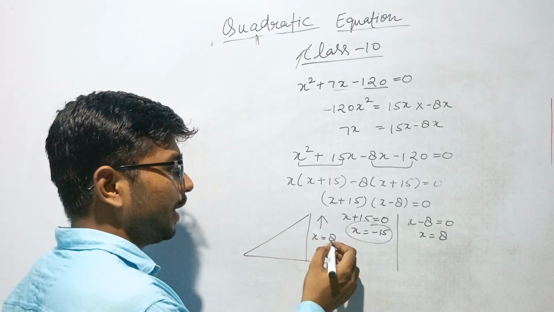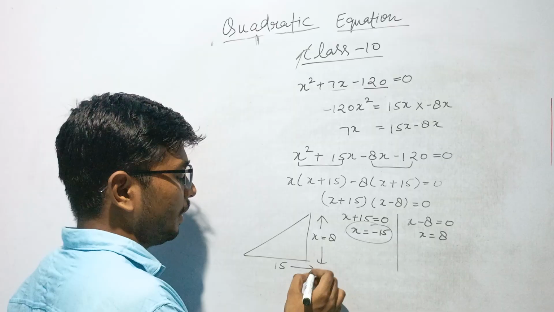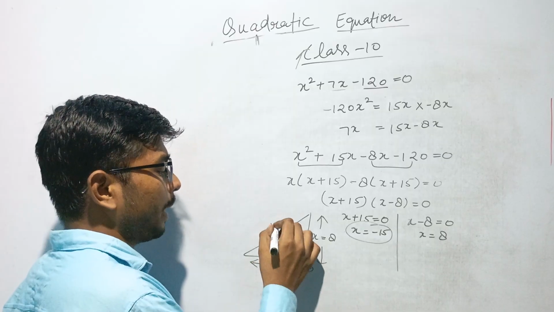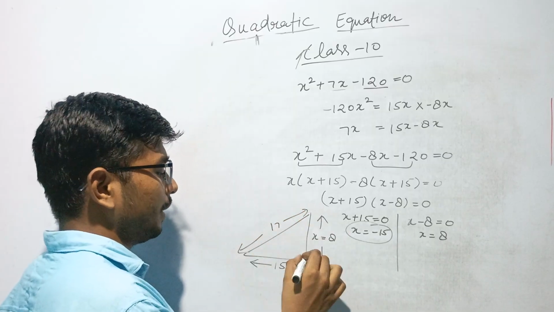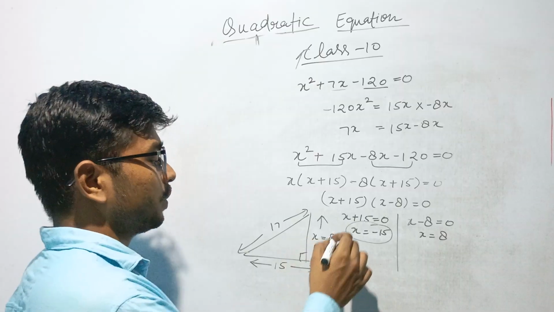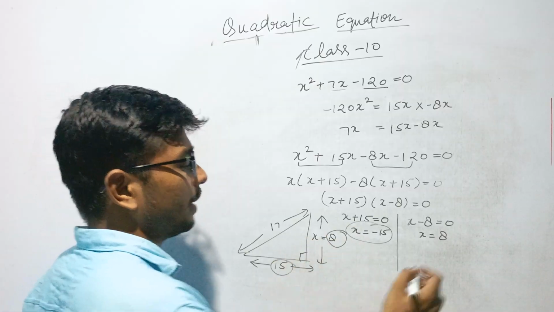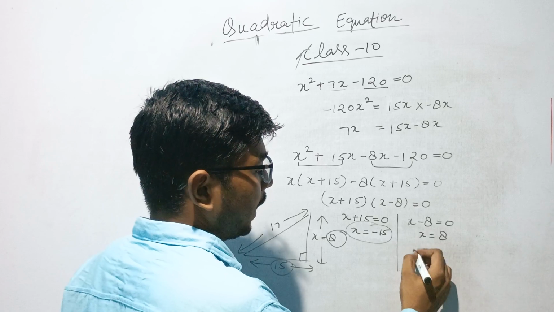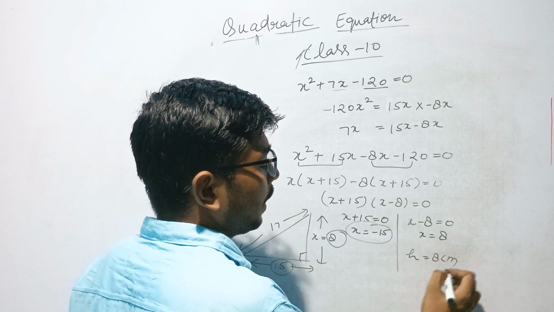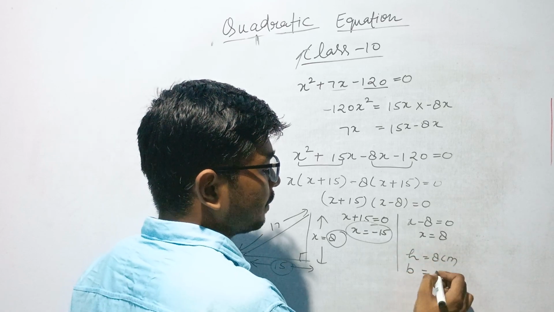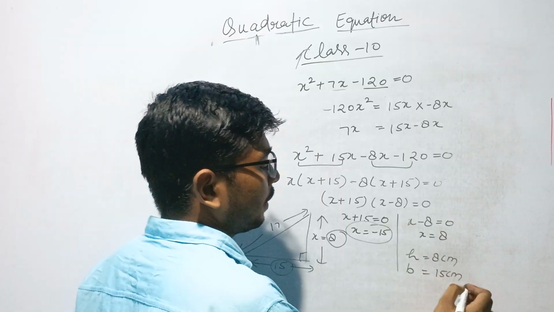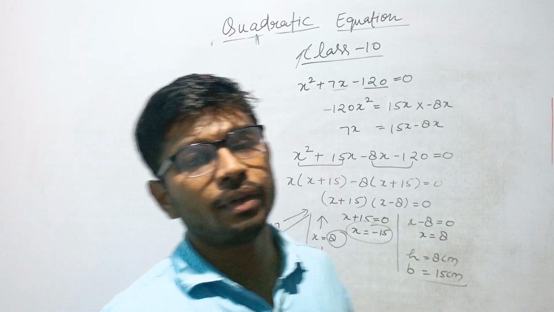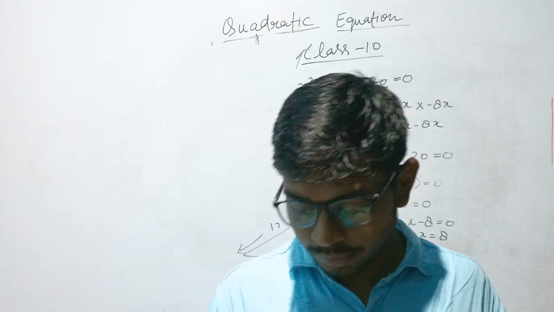So this will be 8 plus 7, it will be 15. So base will be 15 and hypotenuse is 17. Okay, and this was a right angle triangle. So 8 and 15 is our answer. So height will be 8 centimeter, and base will be 15 centimeter. Okay, so this way we solve this type of questions.